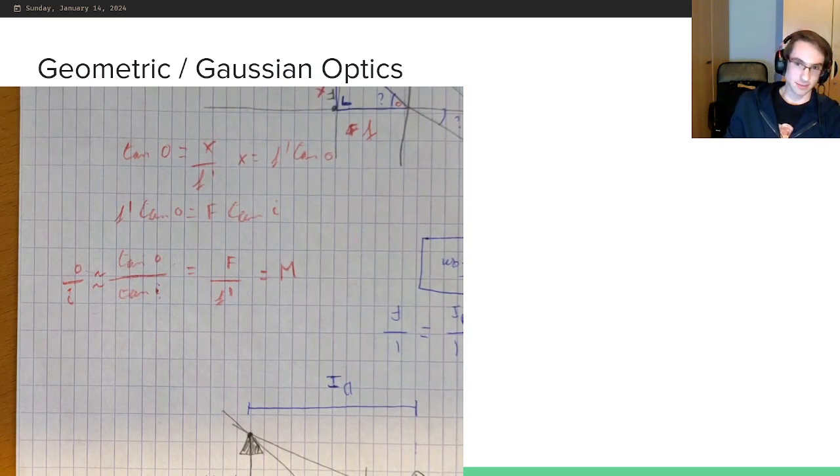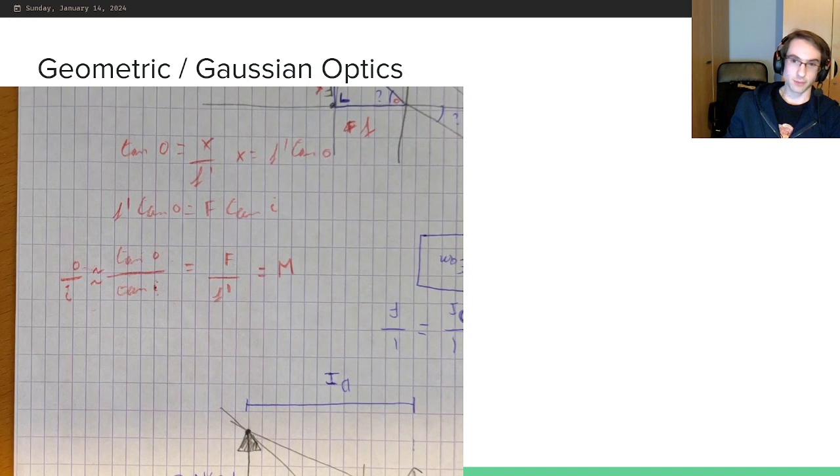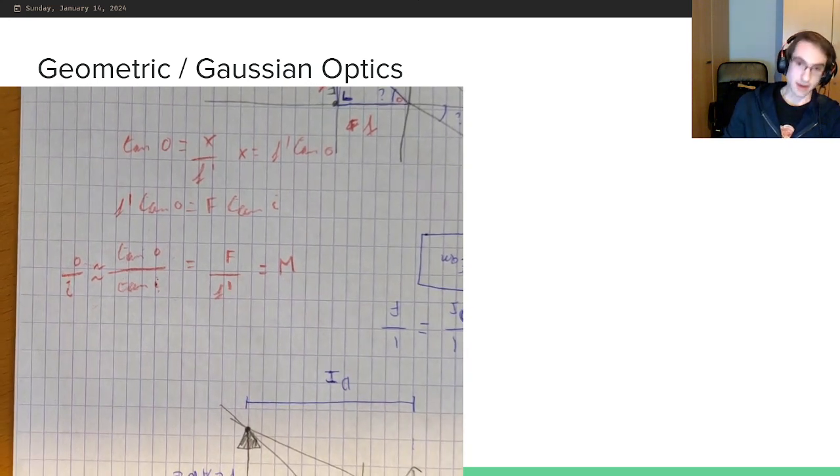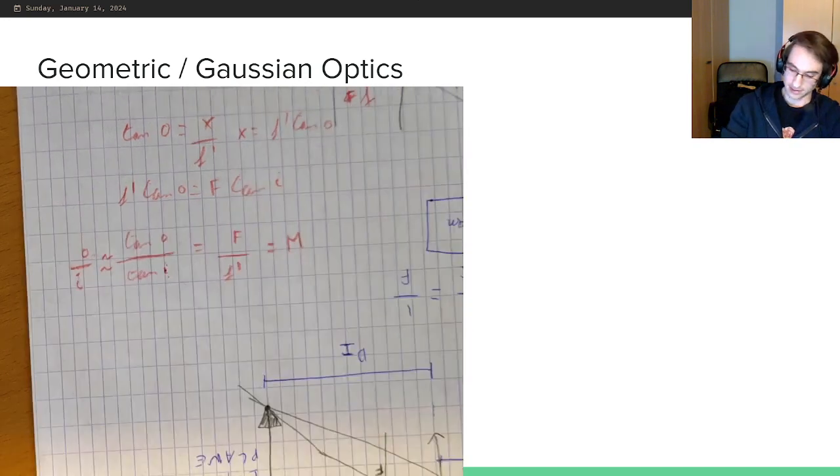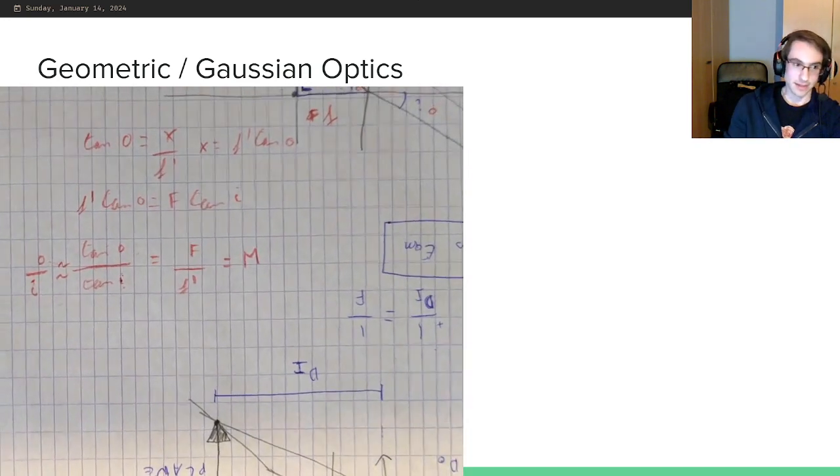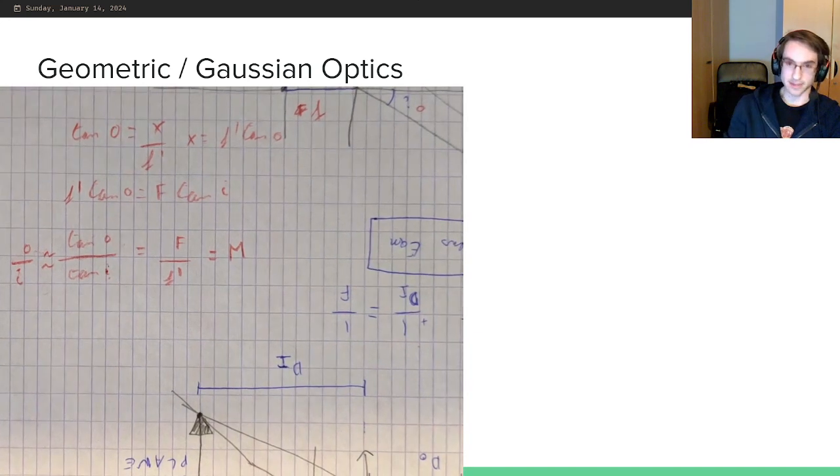But if these angles are big, there's going to be a lot more problems that are going to make this inaccurate, as we will see later, because under the hood we are making quite a few assumptions and simplifications here, and we're going to talk about the effects later.